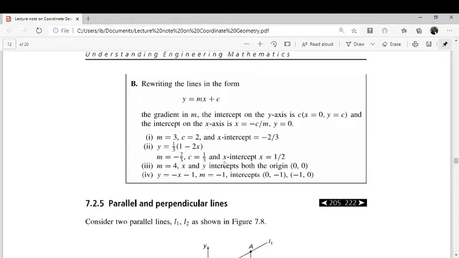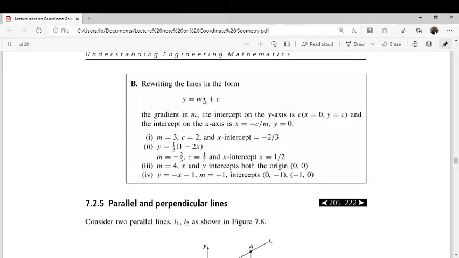So now, what is the x-intercept? The x-intercept means minus c over m. What is your c? Minus this over m, so this divided by this, you get this. How did I get it?